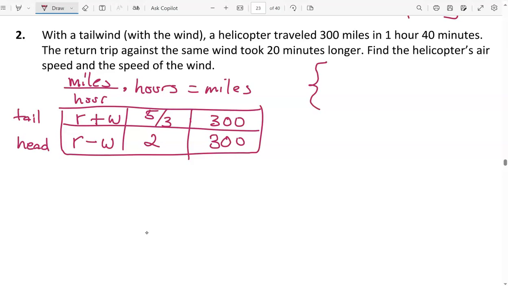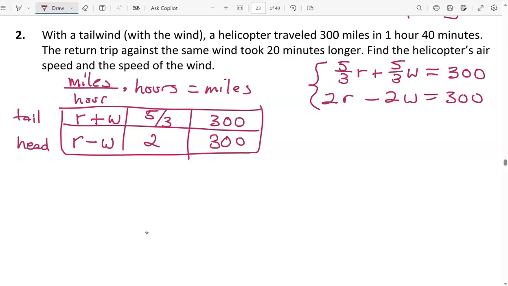So when we write our system of equations, I'm going to go ahead and do the distributing. 5/3 times r plus 5/3 times w, that's the miles per hour times the hours, is equal to the number of miles, which is 300. And then for the second equation, 2r minus 2w is equal to 300.